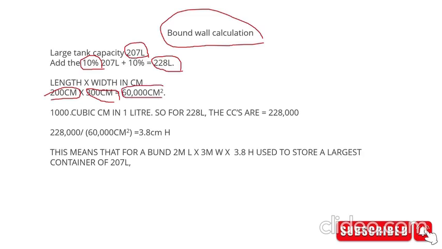In 1000 cubic centimeters, we can store 1 liter, as we already discussed.